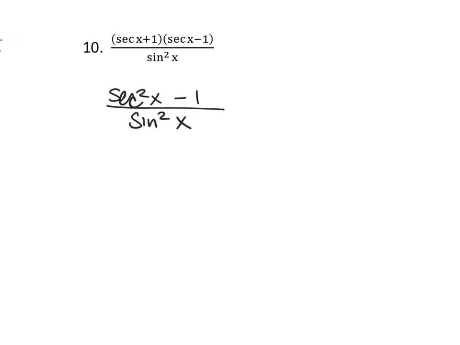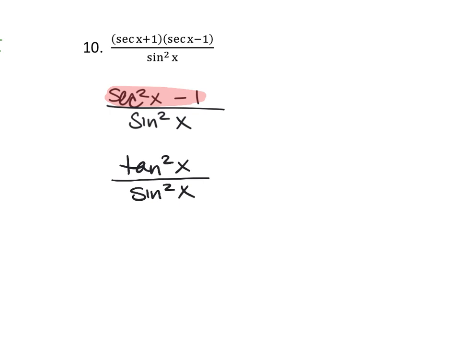What should we do next? The hint is that you have something squared. We should always look at the Pythagorean identities to see if we can use one. Secant squared minus 1 is equal to what? Tangent squared of theta. So we have tangent squared of x over sine squared of x.